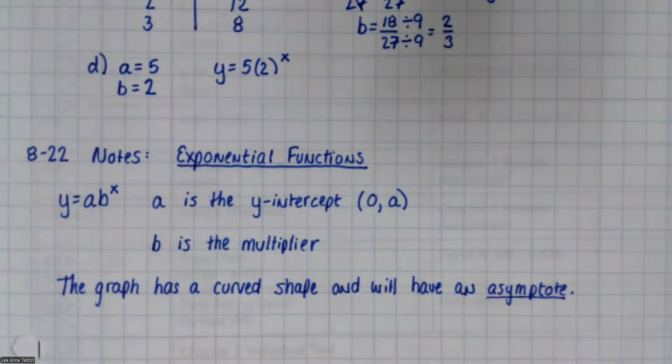If you don't know what an asymptote is, go back and watch the video from Friday. It means that you probably weren't here Friday.